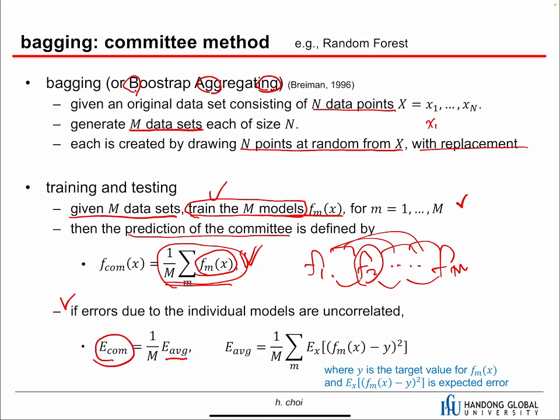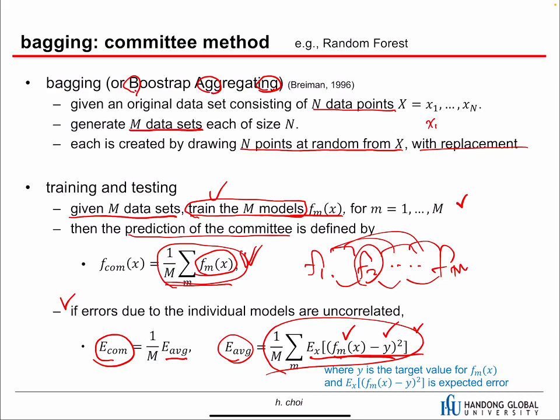So the average error can be calculated in this way. This is an error because this one is the estimate and this one is the target, and this one is the expectation, the expected error for each model. Then we take an average of this expected error. So that is the average error.